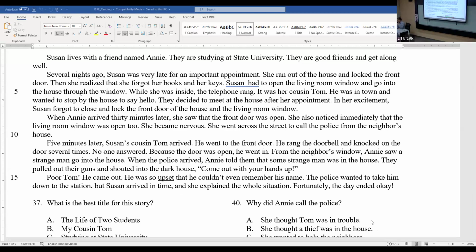Yeah, so I know the item started with 1, but actually 1 is a 37, okay? So 1 is 37. So let's see. First, you have to read through these passages at first, okay? You have to read through this passage, and then you have to make decisions for each item, right?